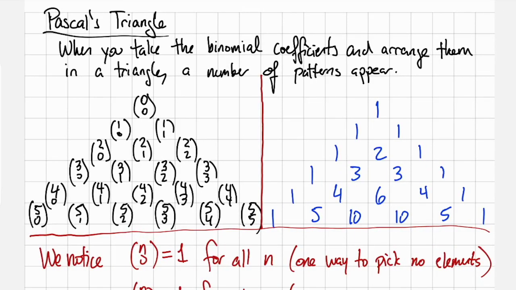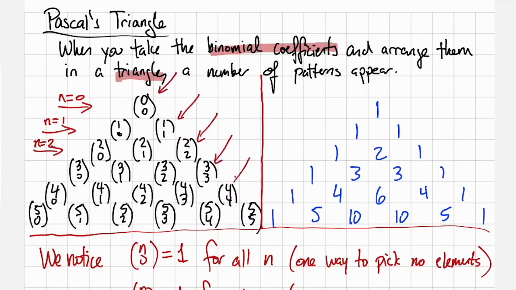Let's take a closer look at these numbers. If you take these binomial coefficients and arrange them into a triangle, you start to see a number of patterns. Each row corresponds to different values of n. This is n equals 0, n equals 1, n equals 2, and the diagonals correspond to the same value of k.